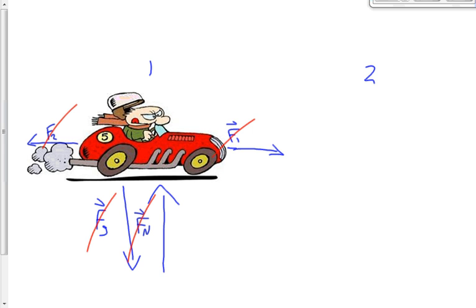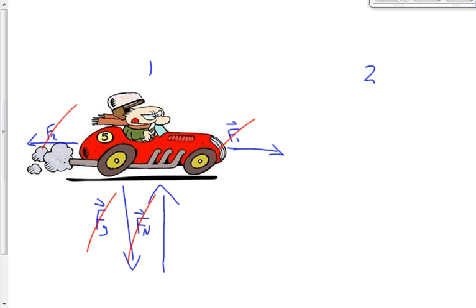Thank you, Adam. If this car is moving and it has no unbalanced force acting on it, won't it always keep moving in a straight line at a constant speed? If it was at rest, wouldn't it always stay at rest until acted upon by an unbalanced force? You can't have an unbalanced force because there's always an equal and opposite reaction force that balances it, right?